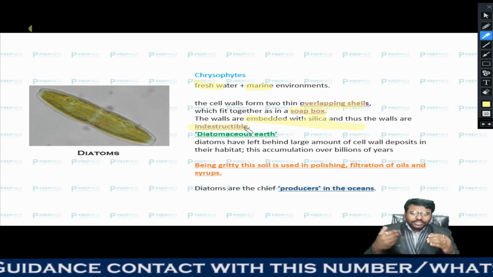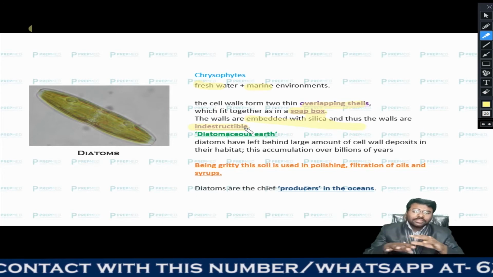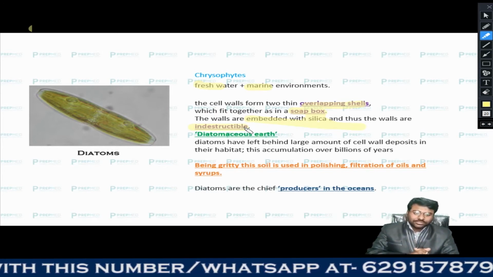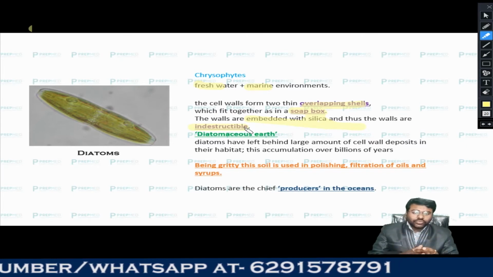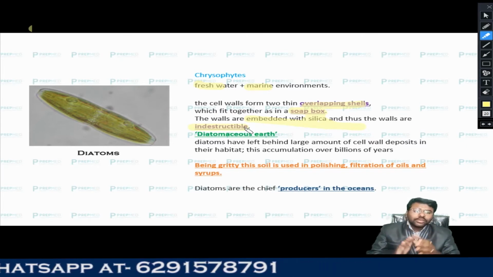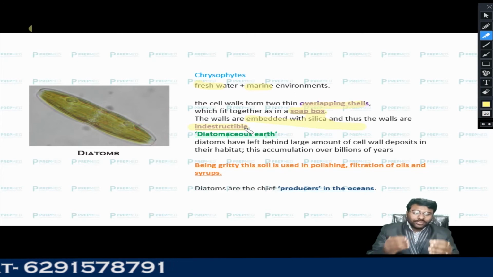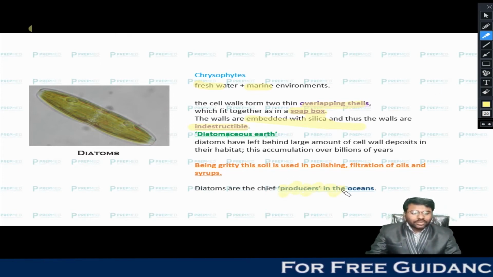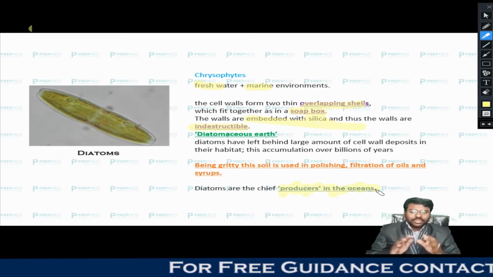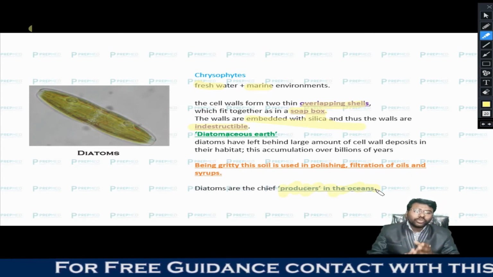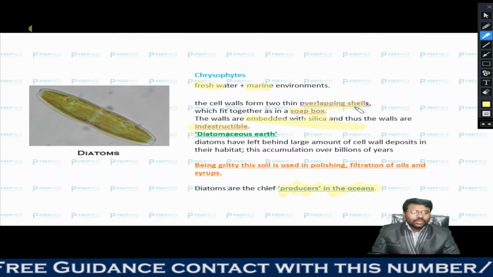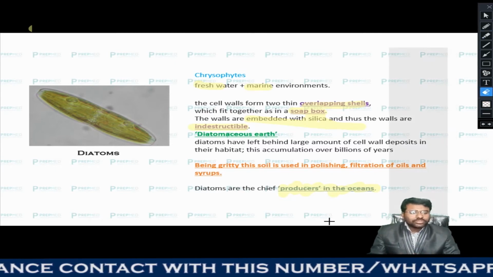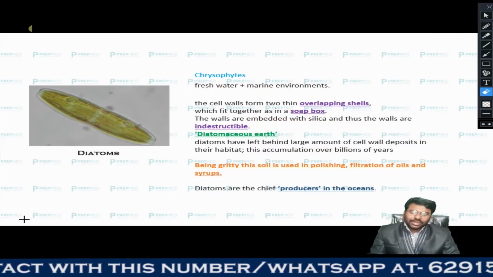The silica is non-destructible, so the cell walls accumulate and form diatomaceous earth. This is used for the grittiness of soil, for polishing, and for the filtration of oils and syrups. So diatomaceous earth is a very important topic regarding diatoms, and the most important line about diatoms in the NCERT is that they are the main and chief producers of the oceans. Okay, so those are the most important points regarding the diatoms.